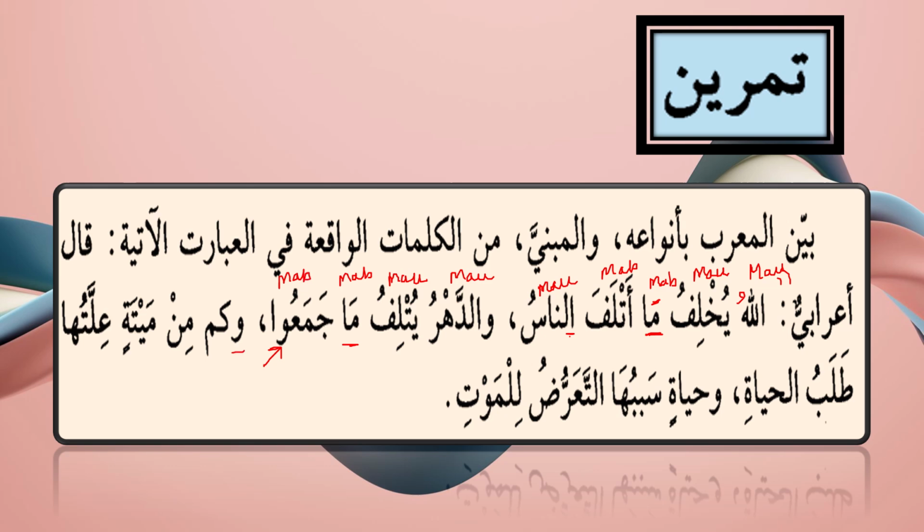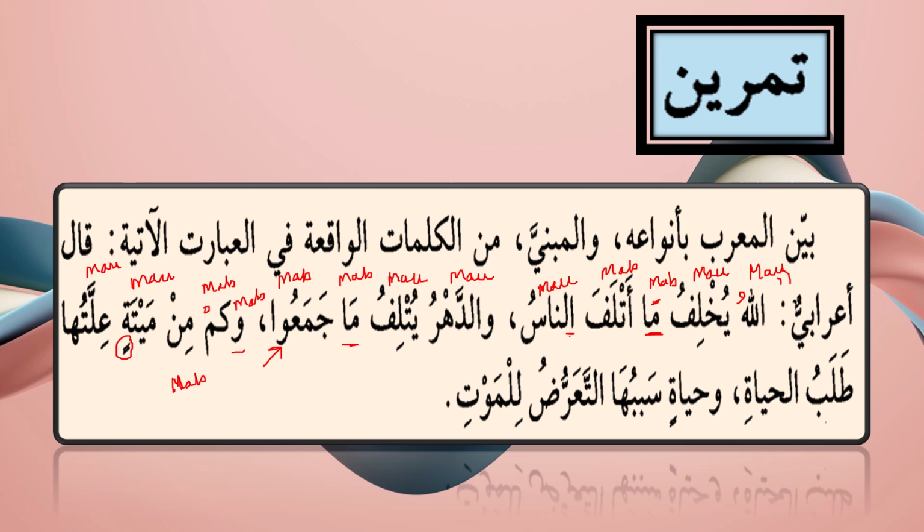Wa kam, atf is mabni. It will not change. Kam is a questioning tool we did before. It will not change. Min is harf jar. It will not change. It is mabni. Mayyatin, tanween, the sign of a noun, it will change. Mu'rab. And illatu is a noun, it will change.